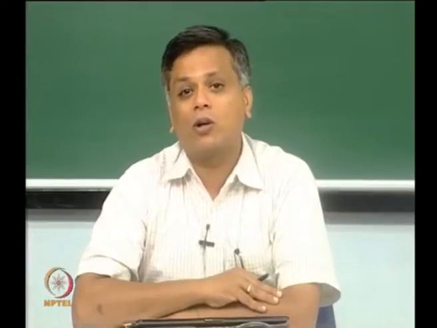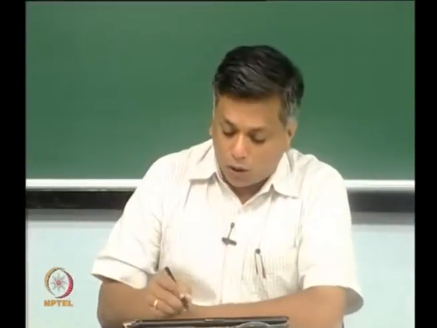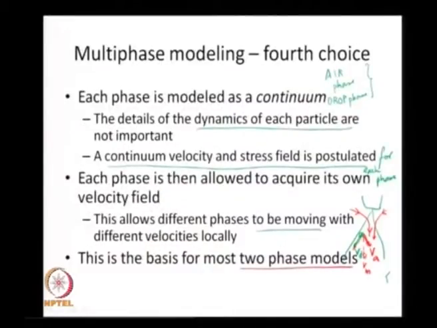If I have 4 choices for modeling, we want to see without doing all 4 models which one is appropriate, and we will see those calculations a little later. But for now, this allows each of the two phases to be moving with a different velocity. This is what is often called a two phase model or also called the Eulerian approach.